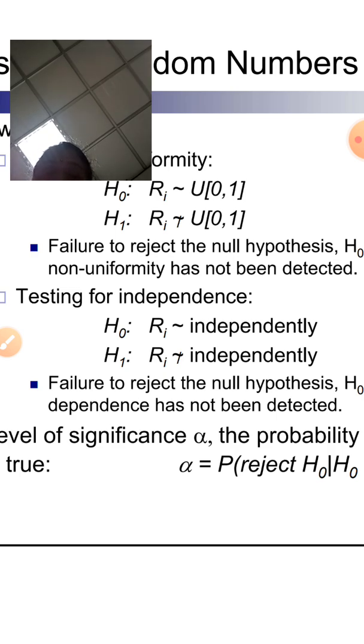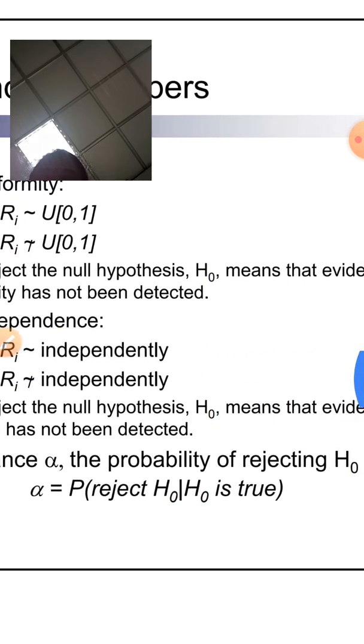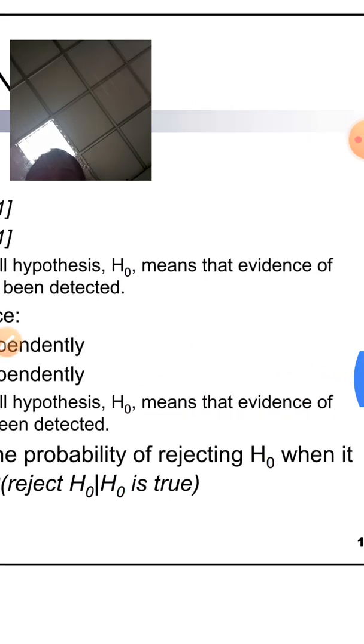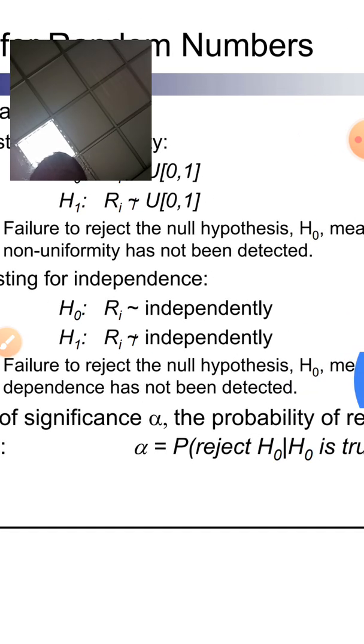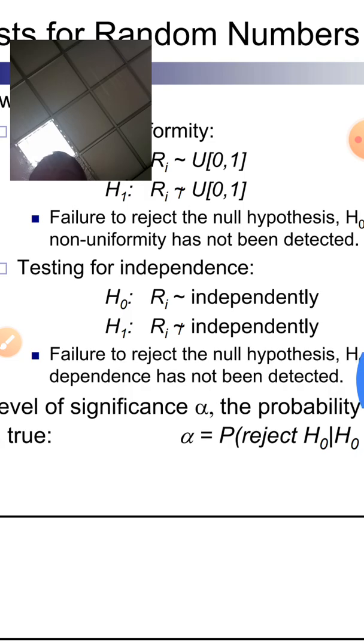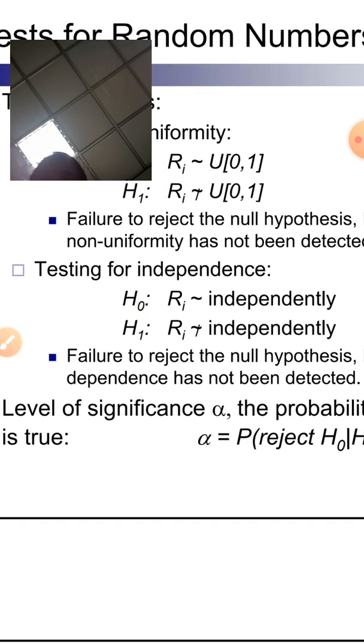Here also, if there is a failure to reject the null hypothesis H naught, it means that the evidence of dependency has not been detected.